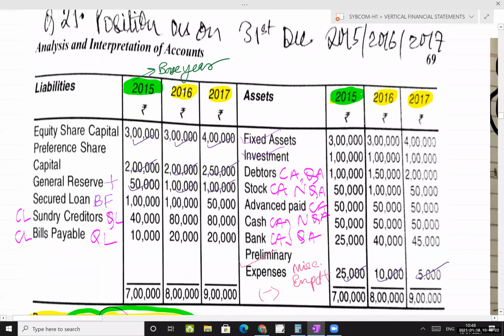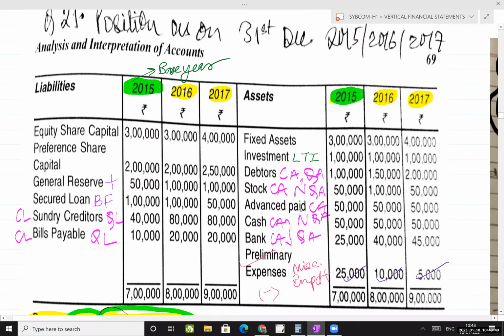Okay. Then fixed assets, that is the first item under application of funds. Investments, these are long-term investments, more than 12 months. Debtors, current assets under the category quick assets. Stock, current assets under the category non-quick assets.